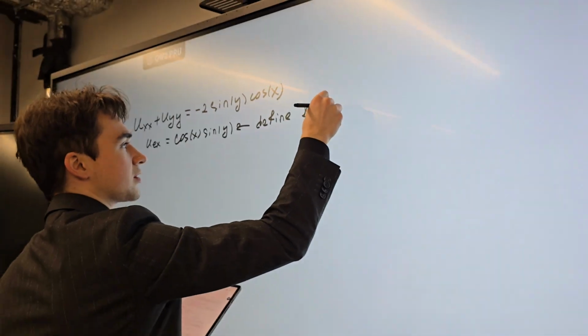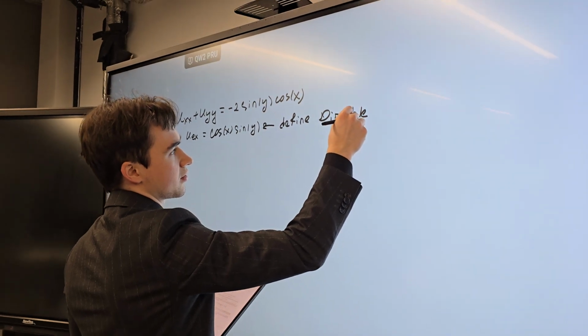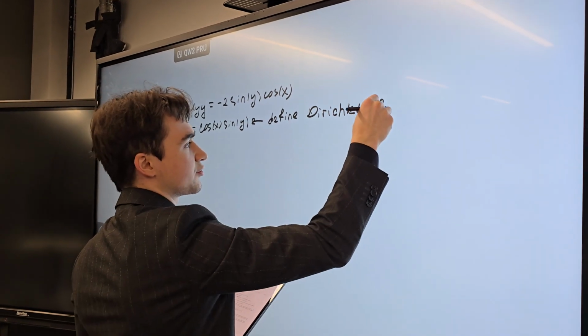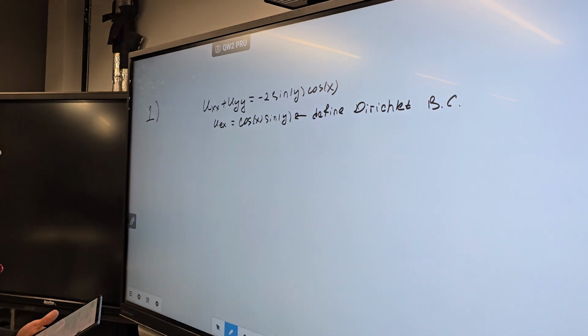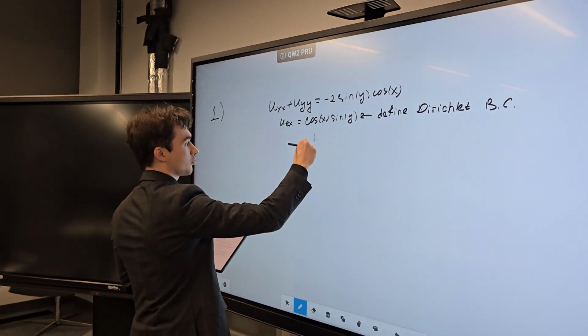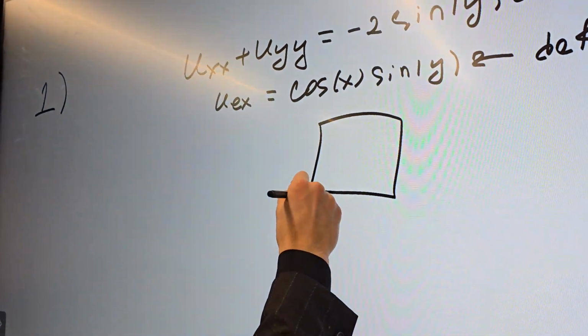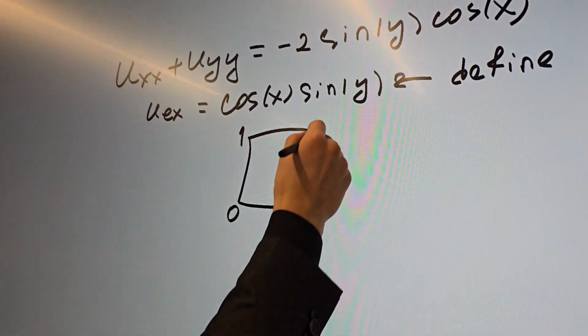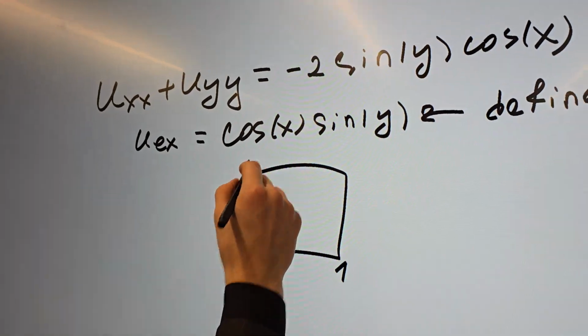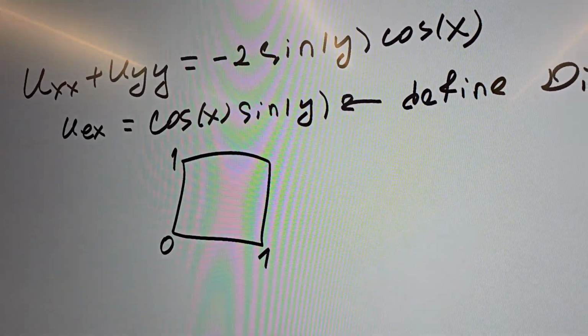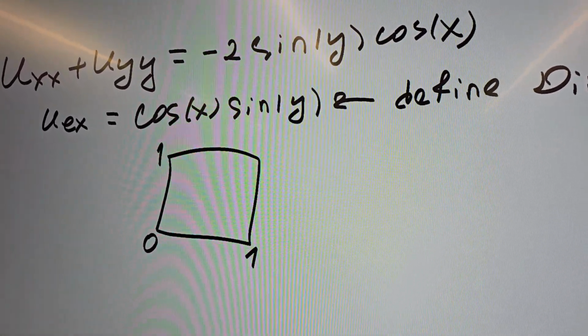Define Dirichlet boundary conditions. So that means that on your boundary, so we have a unit square. For example, it can be something like that. And here, let's use another color, for example, the orange one.